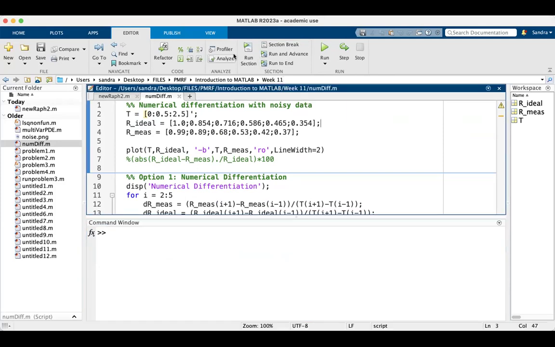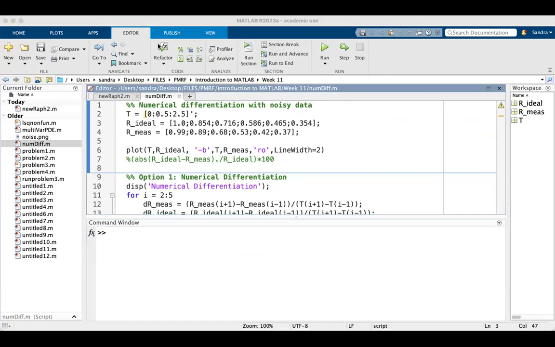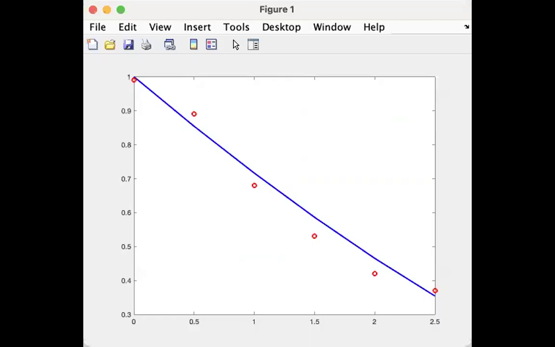There is a problem with my Matlab. Ideally, you'll be getting this curve, the same curve that we saw before. Here we have a positive error, then a negative error, negative error, negative error.